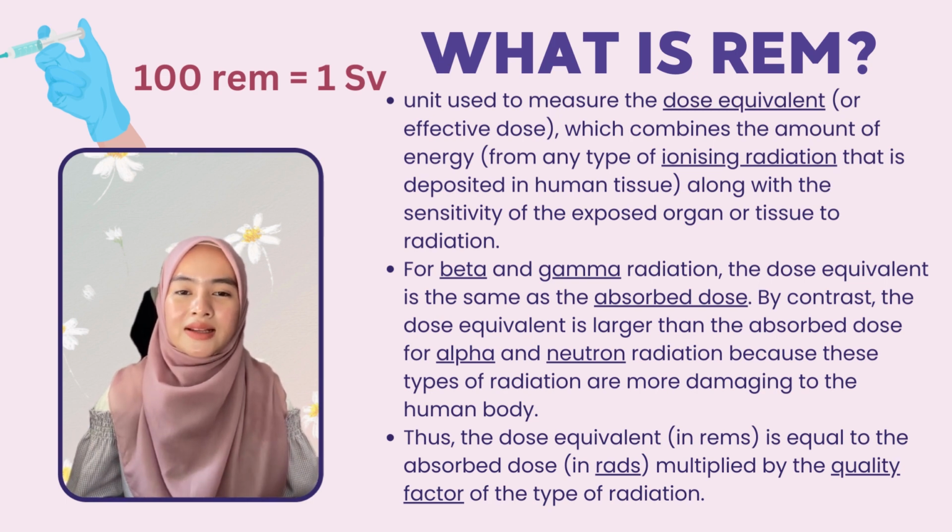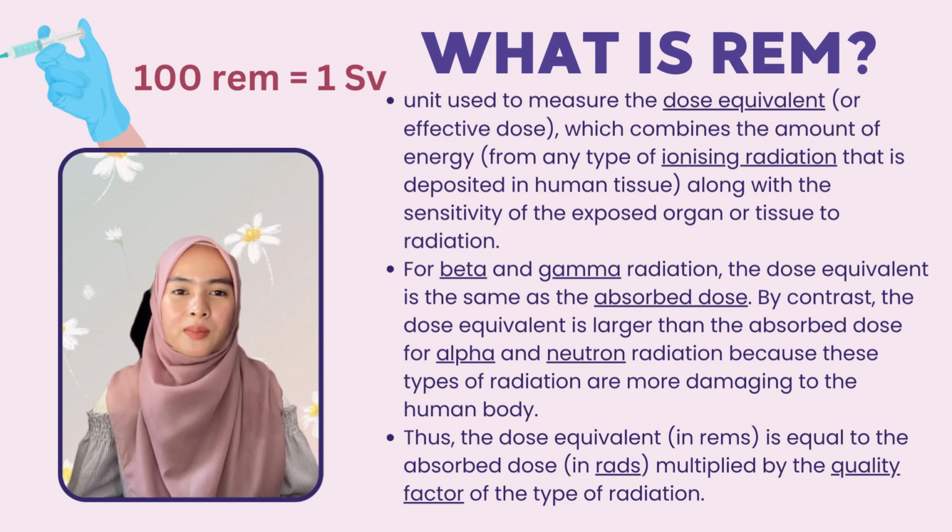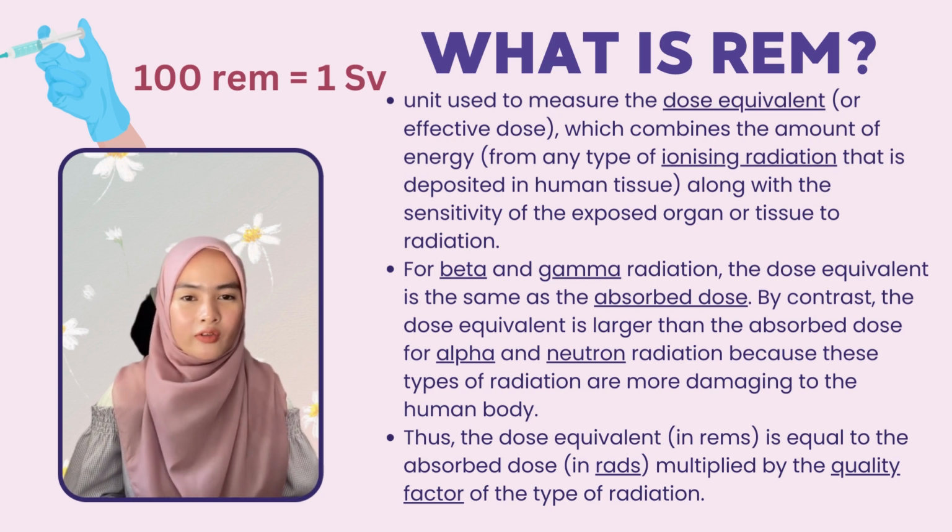For beta and gamma radiation, the dose equivalent is the same as the absorbed dose. By contrast, the dose equivalent is larger than the absorbed dose for alpha and neutron radiation because these types of radiation are more damaging to the human body. Thus, the dose equivalent in rem is equal to the absorbed dose in rad multiplied by the quality factor of the type of radiation.